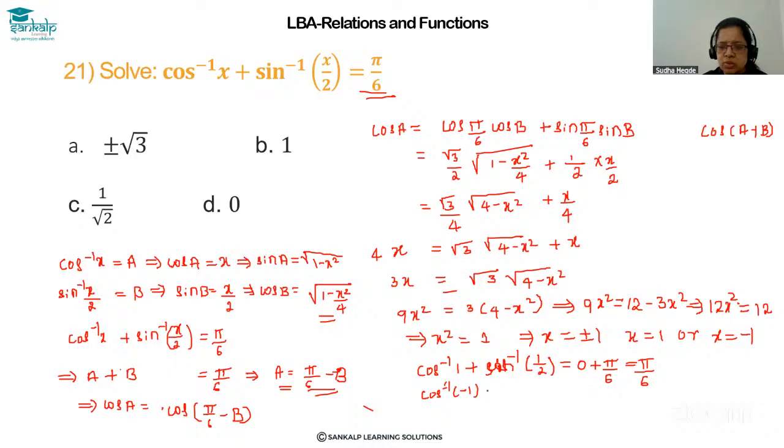Cos inverse minus 1 plus sine inverse of minus 1 by 2. What is cos inverse minus 1? Pi, correct?